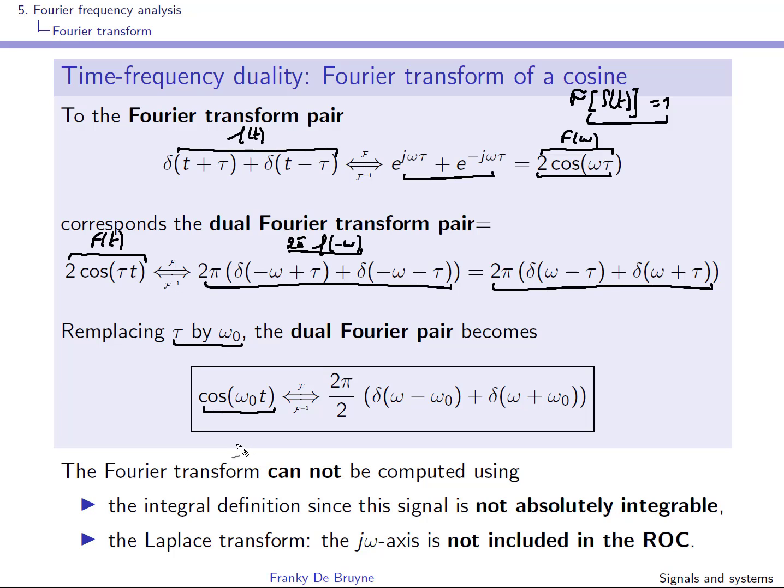We had to use this trick of time frequency duality because the initial function is not absolutely integrable, so it's not possible to use the standard definition of the Fourier transform, and it's also not possible to use this trick with the Laplace transform because sigma equal to 0 is not in the region of convergence of the Laplace transform of a cosine.